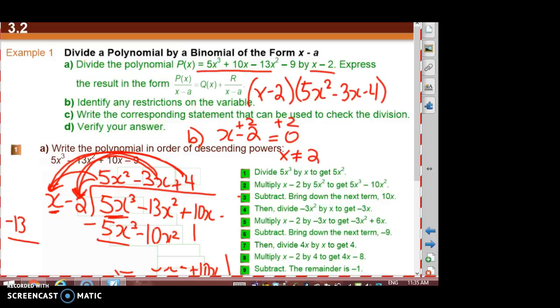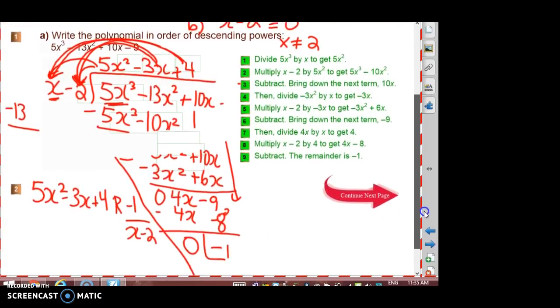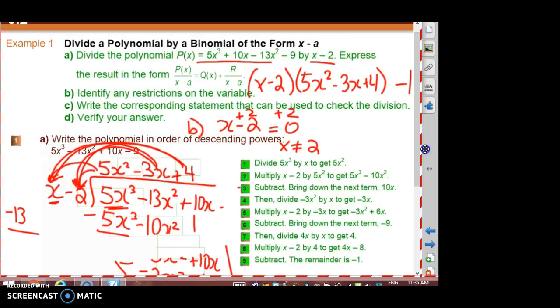And then we need, what was our remainder? Oh, right there. Okay, and our remainder was what? Negative 1, so you've got to throw the negative 1 at the end. So if we were to FOIL and multiply this all in, we would end up back with this original equation, if you did it right. Okay, that's what the question is saying.